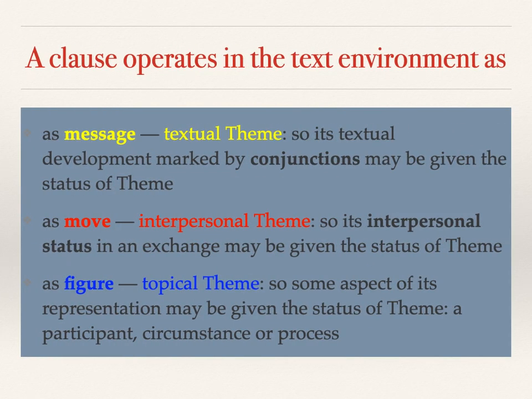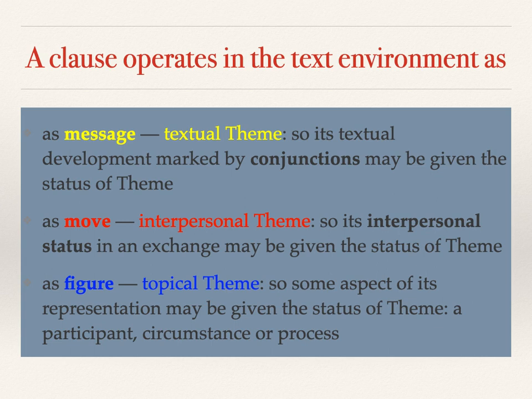Now, in terms of the environments then that the clause operates in, textually, in terms of choice of theme, all three guises of the clause are relevant. So the clause as a message, there is a potential for having a textual theme, typically a conjunction like meanwhile, therefore, for example, in other words, besides, etc. So the environment of the clause as a message marked explicitly by conjunction given the status of theme.